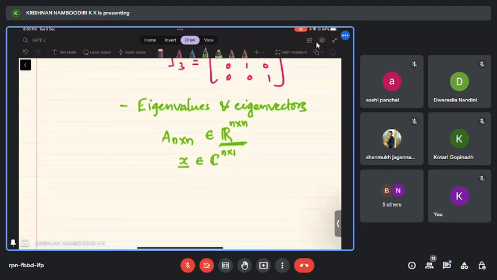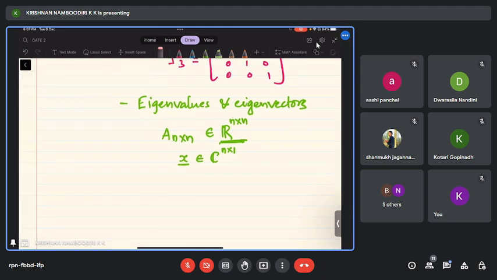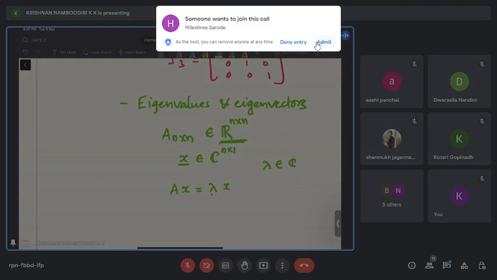I am defining the entries to be real, but the vector x can have complex entries as well. Then if A into x equals some scalar lambda into x, where lambda is again a complex number, it's a number, not a vector, not a matrix.